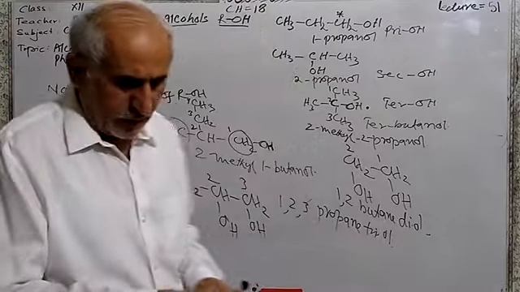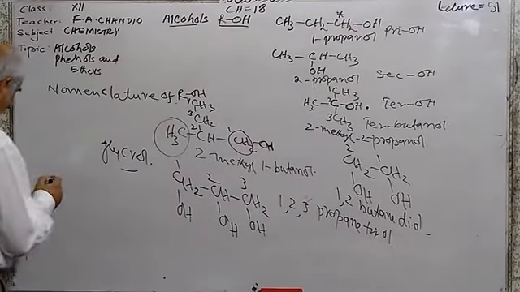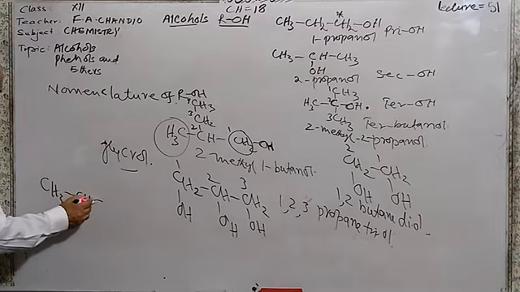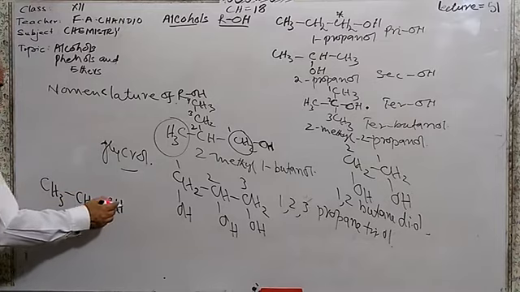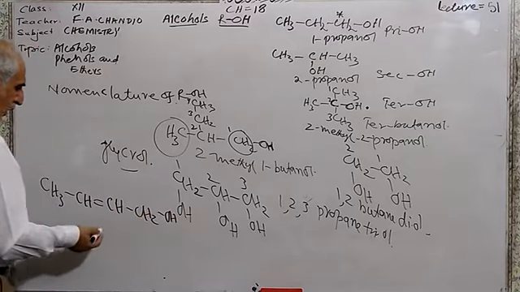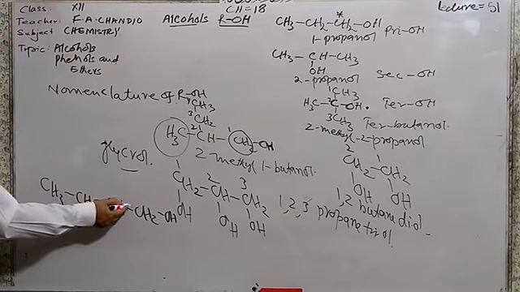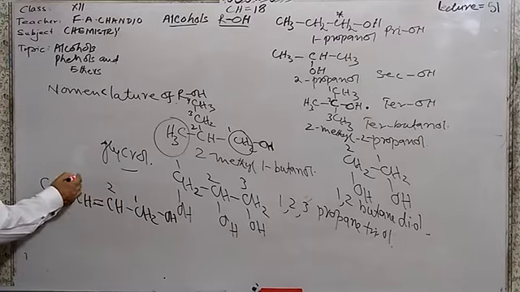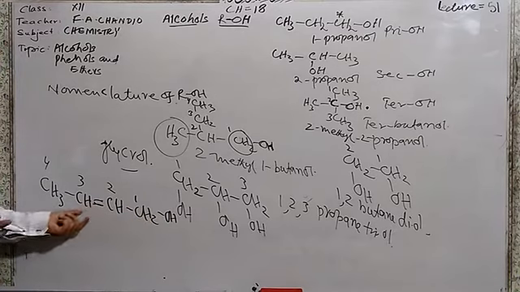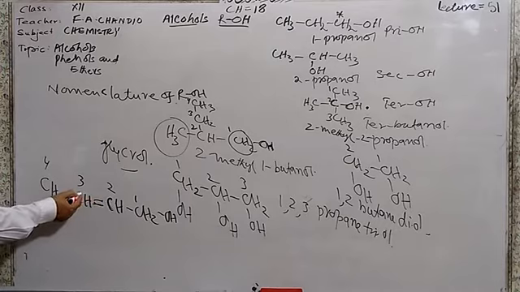So dear students, if there is an alkene functional group in between, like this one, and this is the alcohol, the numbering must start from this side. 1, 2, 3, 4, because the hydroxyl group will attach with this carbon number 1, and in the middle there is carbon 2 and carbon 3.